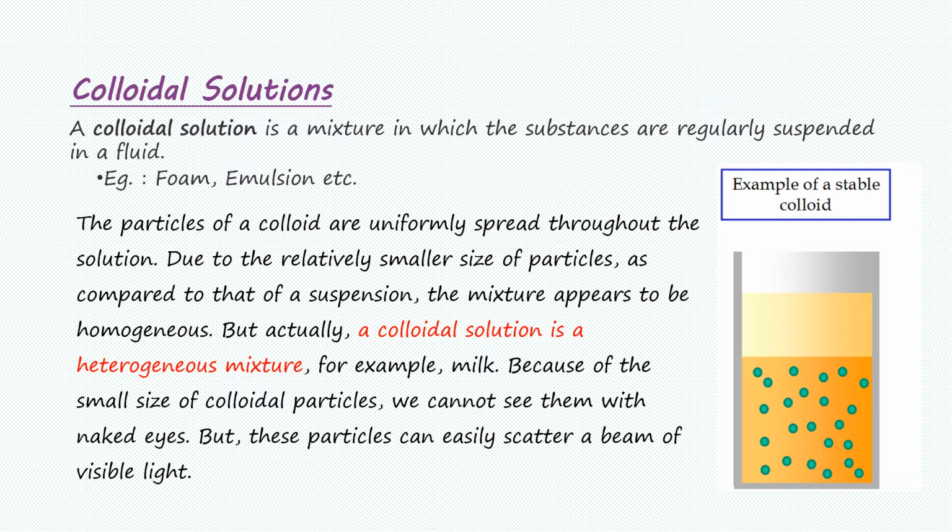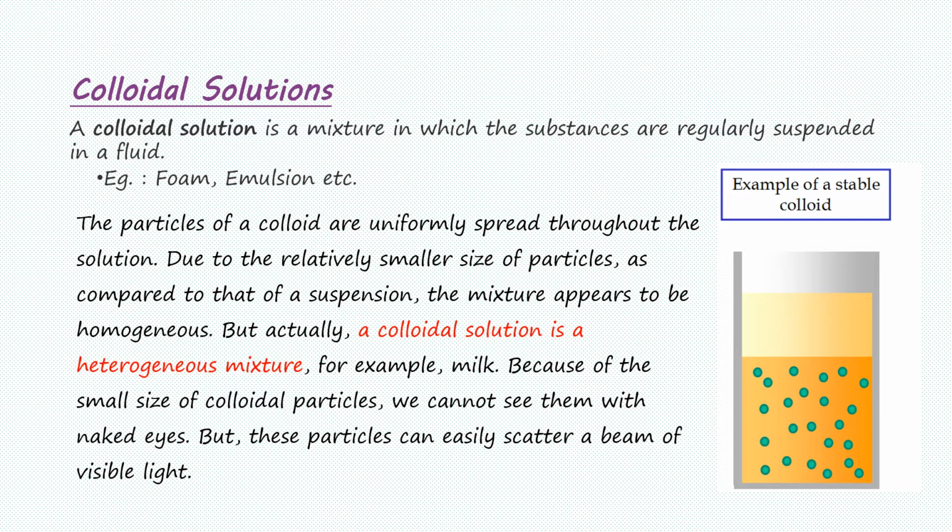Now, this is a very important point in colloidal solutions. Since the particles of the colloidal solution are smaller in size than those of suspension, the solution appears to be homogeneous. It seems to us that a colloidal solution is homogeneous, but actually a colloidal solution is a heterogeneous mixture, and this is a very important point.